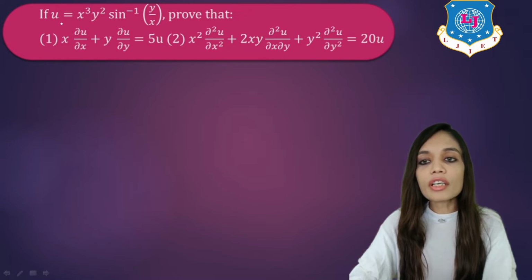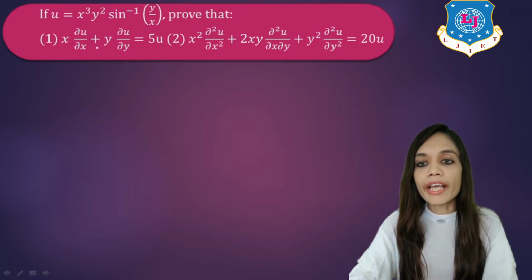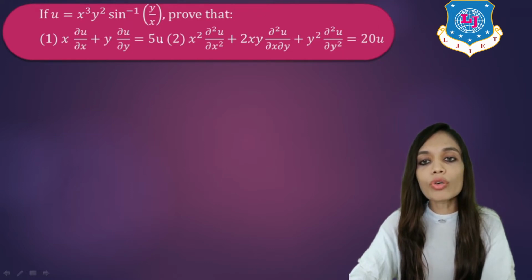If u is equal to x cube y square into sin inverse y by x, we have to prove that x del u by del x plus y del u by del y is equal to 5u, and the second thing we have to prove is x square del square u upon del x square plus 2xy del square u upon del x del y plus y square del square u upon del y square is equal to 20u.